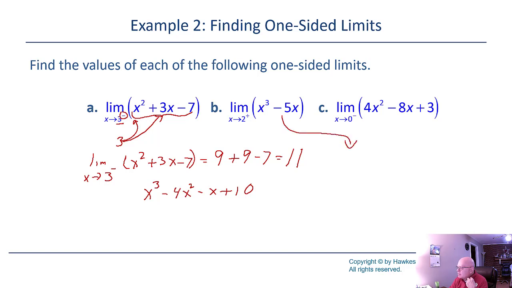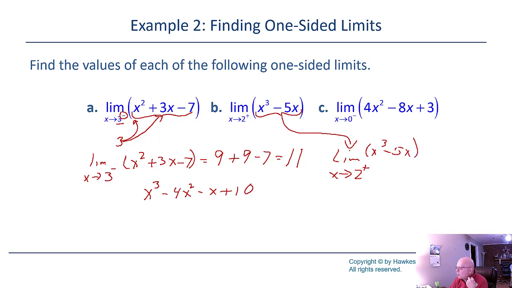This one, we want the limit as x approaches 2 from the right, and this is a polynomial again, so I want x cubed minus 5x.